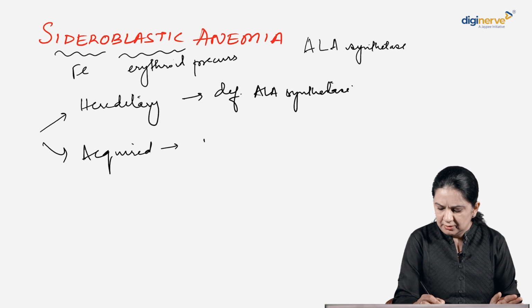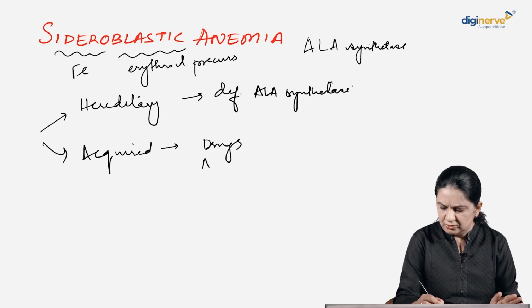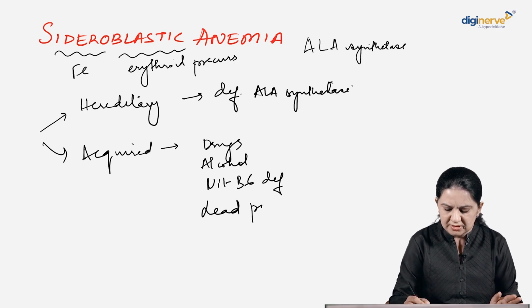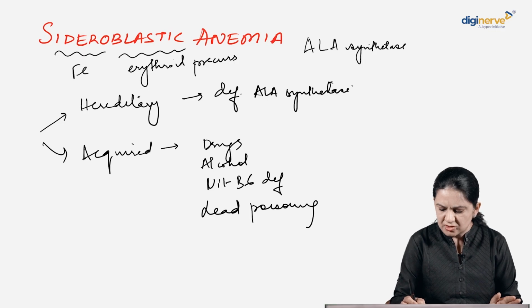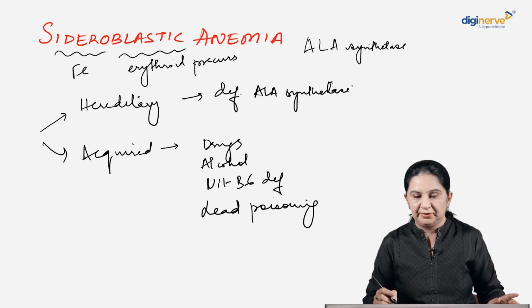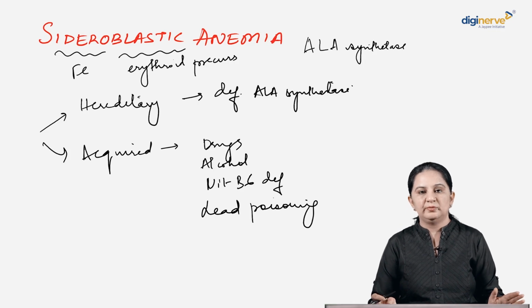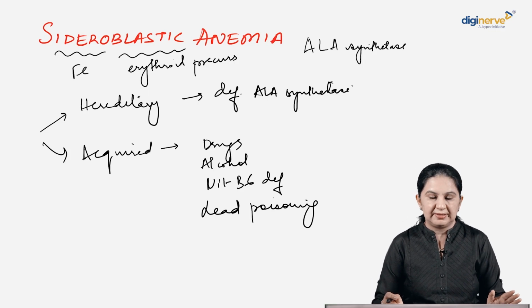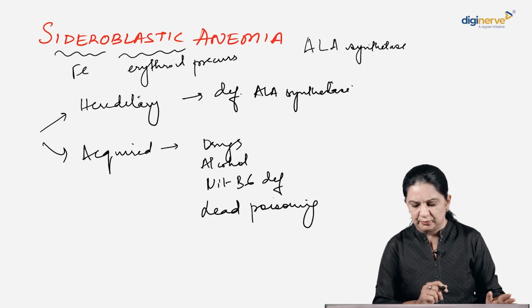Acquired could be some drugs, alcohol, vitamin B6 deficiency, or lead poisoning. So, these are the various causes for sideroblastic anemia. I just mentioned lead poisoning. Another important question. What kind of anemia will you see in lead poisoning? You will see sideroblastic anemia, that is microcytic hypochromic anemia.